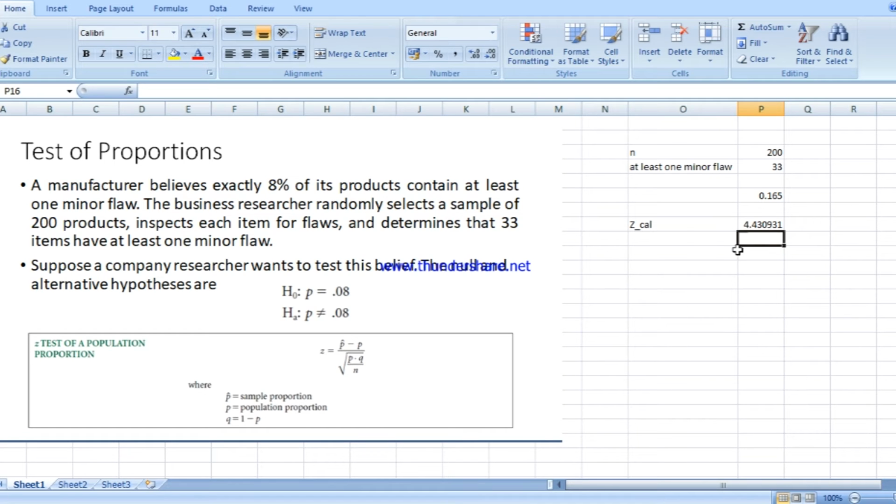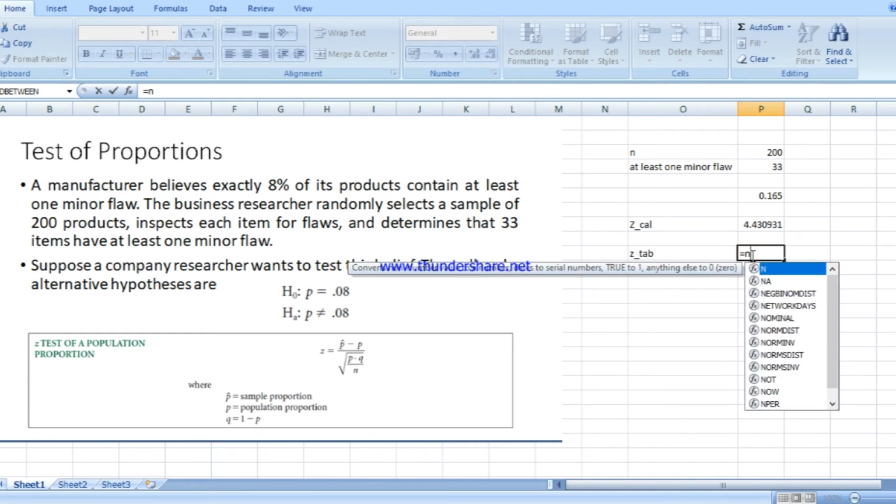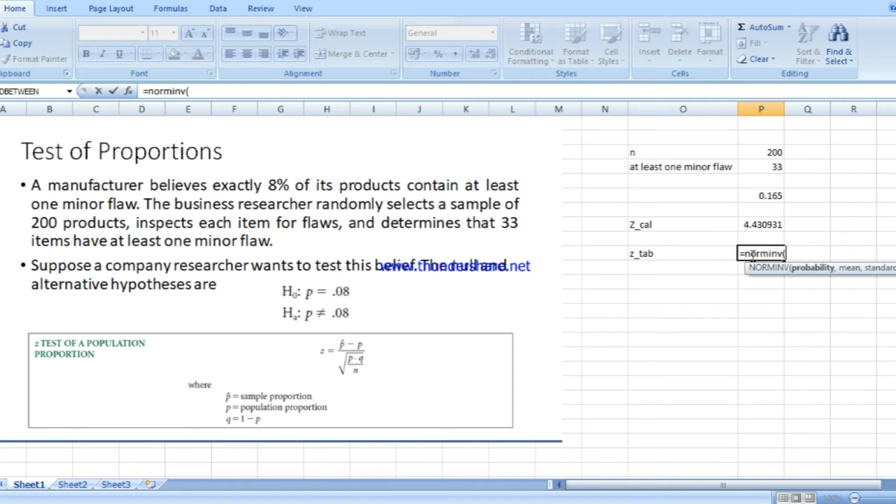Suppose this test is conducted at 5% level of significance. Then in that case, z tabulated will be equal to NORM.S.INV of 0.975.